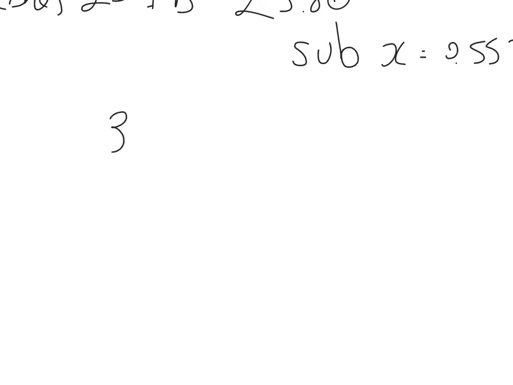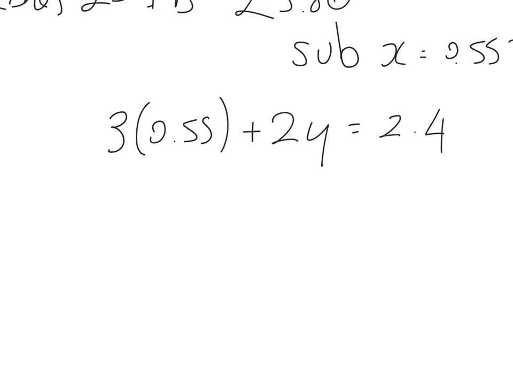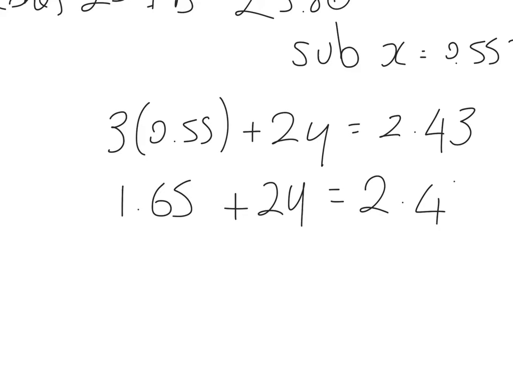Equation 1 was 3x plus 2y equals £2.43, so that's 3 lots of 0.55 plus 2y is equal to £2.43. So 3 times 0.55, just be careful, definitely show your working there. And that's £1.65, so we'll get £1.65 plus 2y is equal to £2.43.